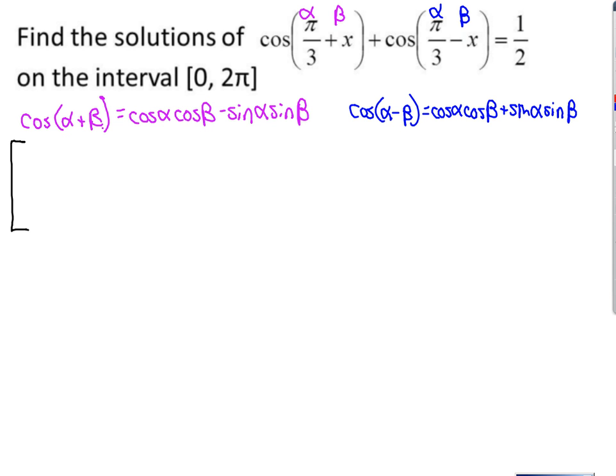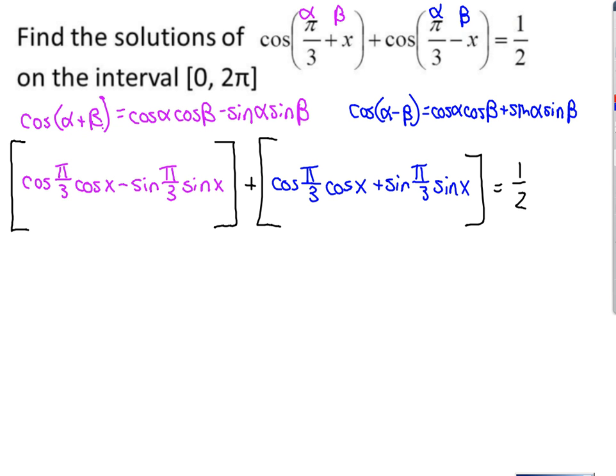So if we look at the first part, the cosine of pi over 3 plus x, that's going to become the cosine of pi over 3 cosine of x minus the sine of pi over 3 sine of x. Then we're going to do the same thing with our cosine of alpha minus beta. Now we're just going to go through and find the values that we can.